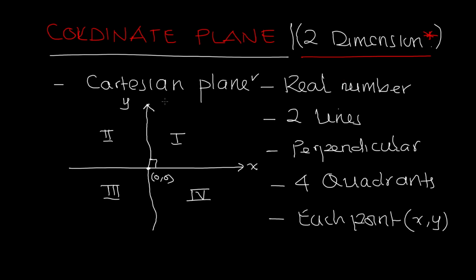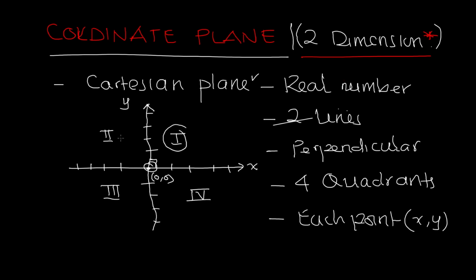So now the Cartesian plane is, these are 2 lines which have got real numbers. And so you have these 2 real lines that are perpendicular to each other. And so they meet at a point where it's 0, 0.